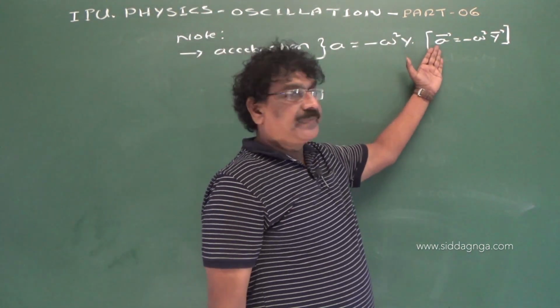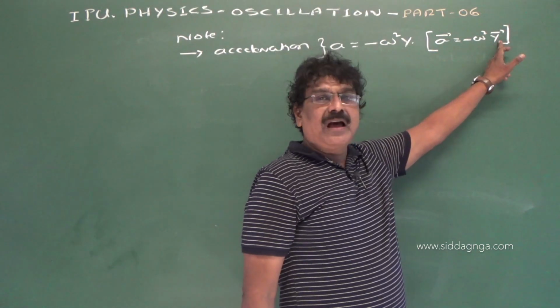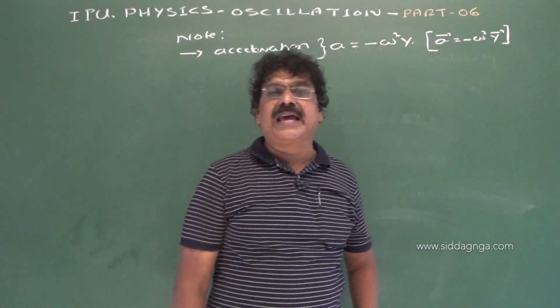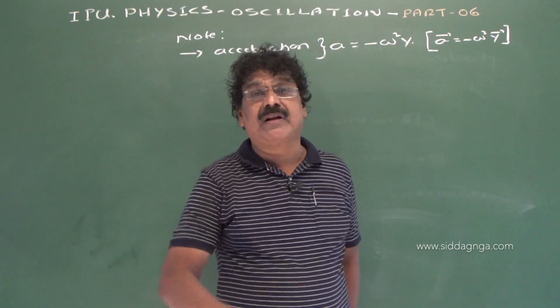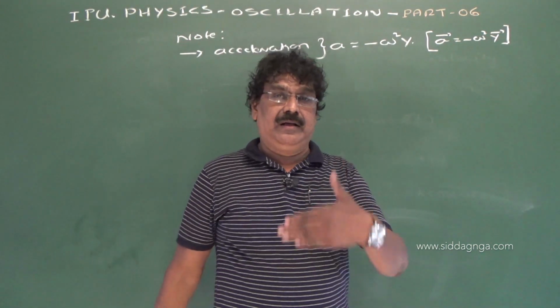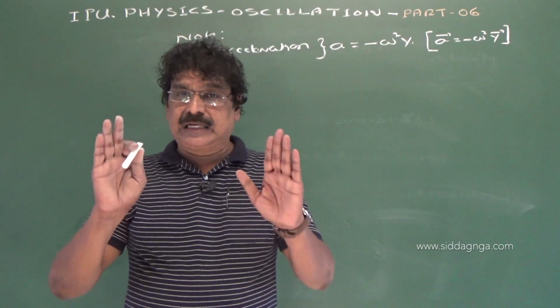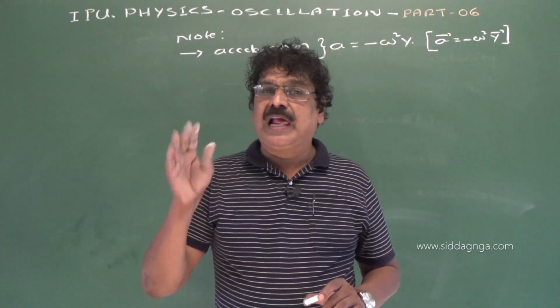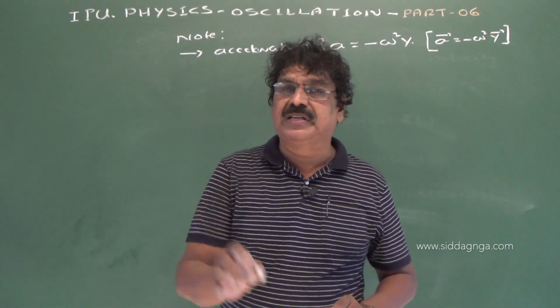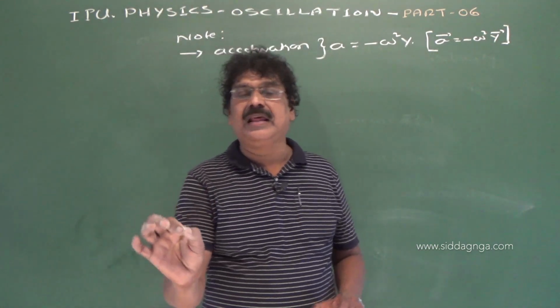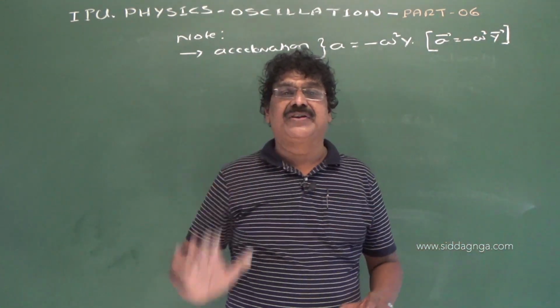Now here vector y is always directed away from the mean position, whatever may be the position of the particle. When we say the term displacement, it is the change in position of a particle in a given direction.